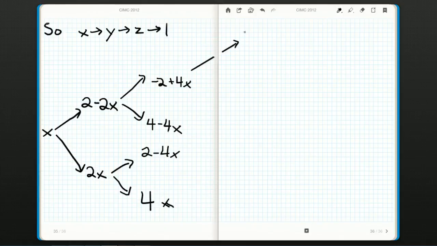Okay, so either it's 2 minus double this, so that's negative 2 plus 4x, which is really just 2 minus negative 4, oh geez, so 2 plus 4 minus 8x, which we can just write as 6 minus 8x, so we can erase some of our work here.